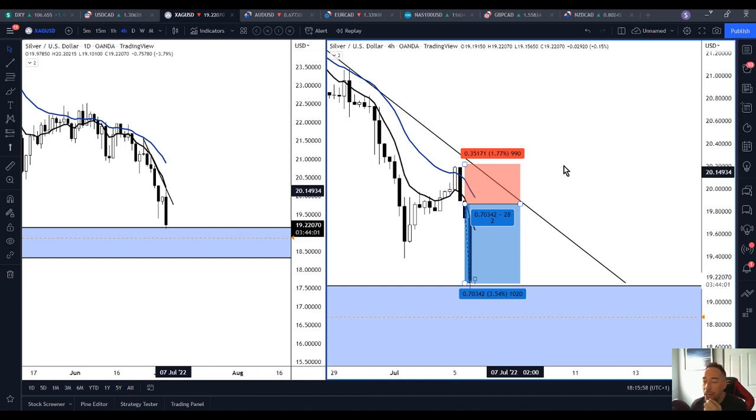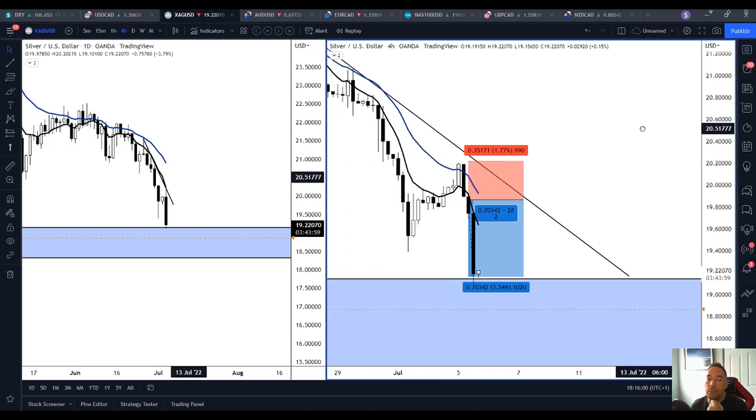This silver trade was a typical high probability setup. The daily is bearish, and all we've done is we've dropped down to the lower time frame, the 4-hour, seeing the sell setup, so trading in the direction of the higher time frame, and boom, it just hit target in the same day, which is absolutely perfect.